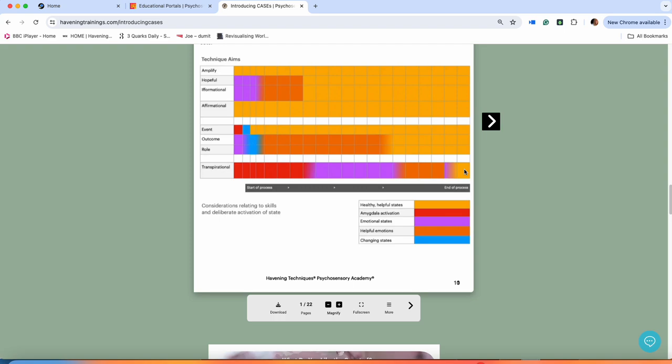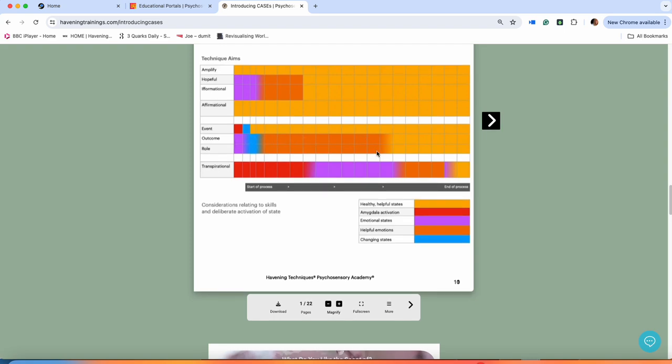Outcome havening usually starts off with a bit of emotional state, and then a changing state into these helpful emotions, and then helpful, laughing, strong feeling, enabled feeling, lots of agency. So in all of your havening, it's mostly going to be this kind of state.